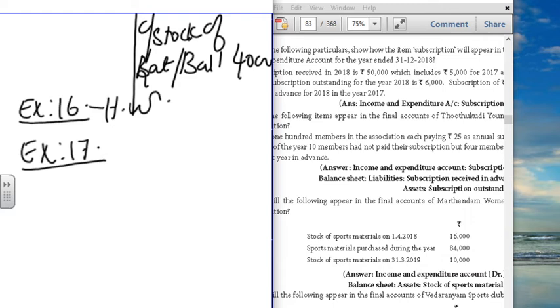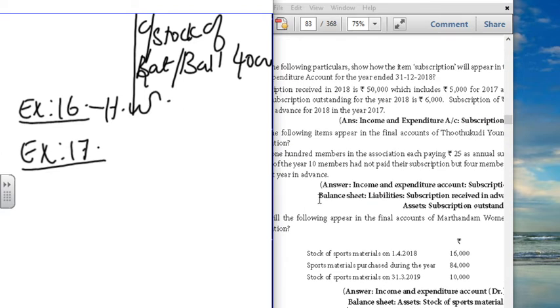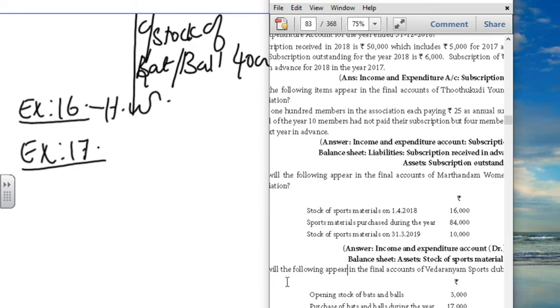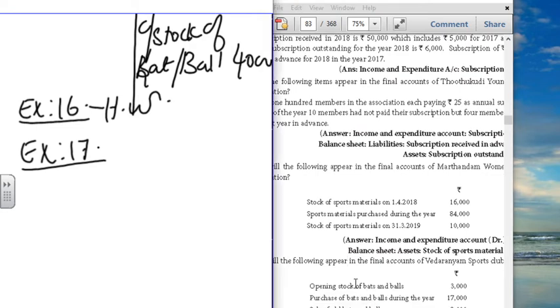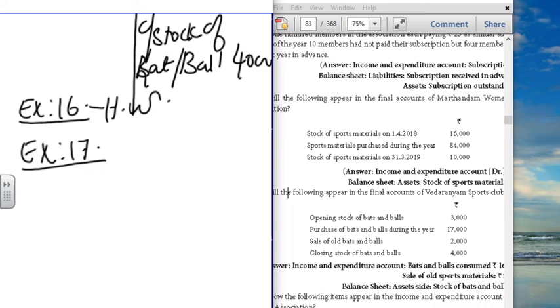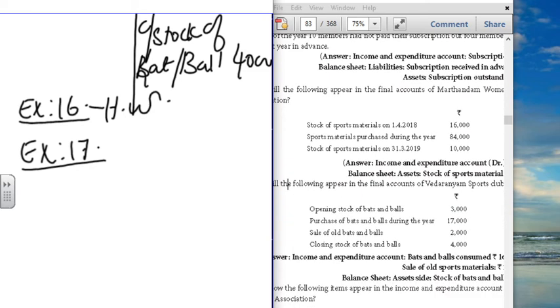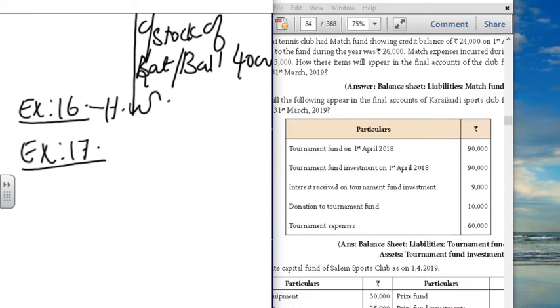Let us move on to the next problem, how the following items will appear. Sorry, it's a problem number 16.